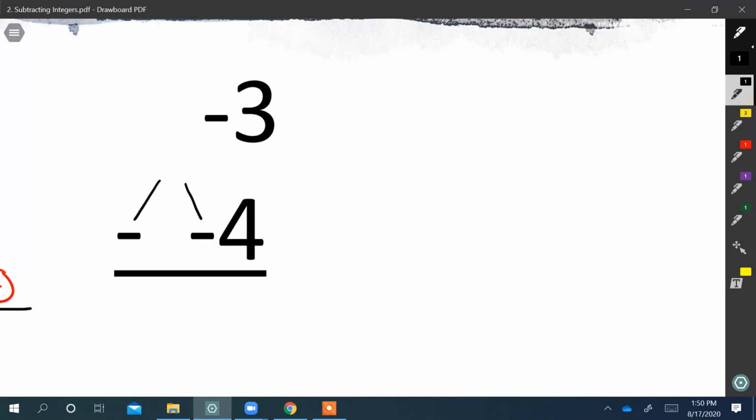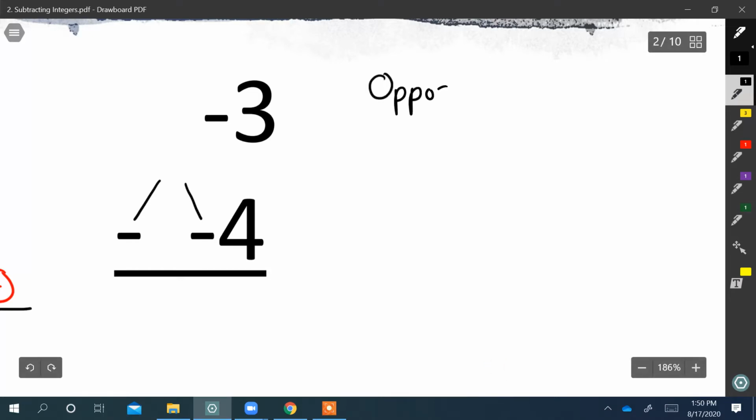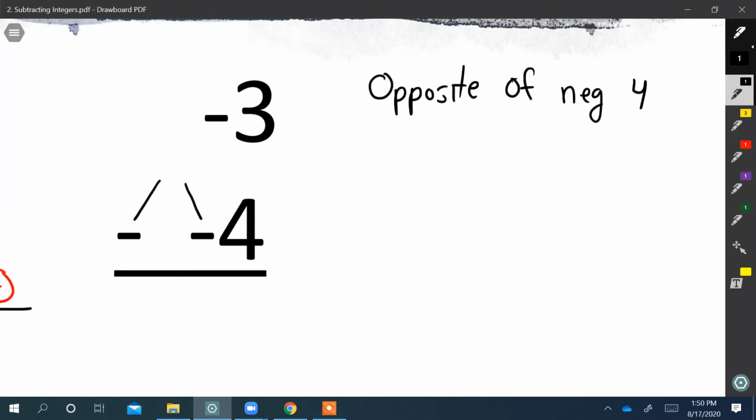For example, if I ask you what is the opposite of negative 4, you will tell me, well, the opposite of negative 4 will have to be positive 4. So that's how I see it in my mind too. The opposite of negative 4 must be positive 4.